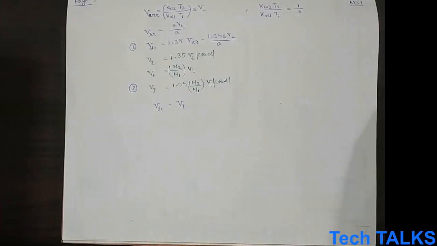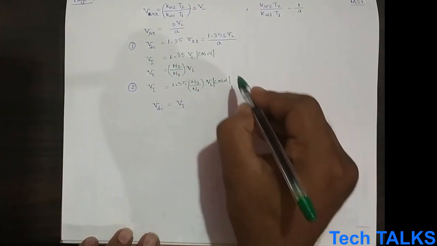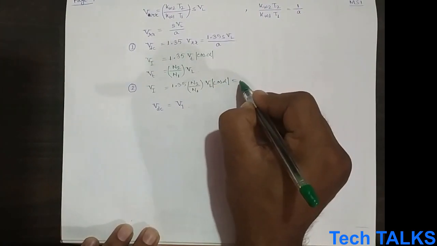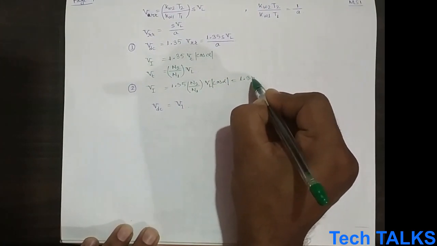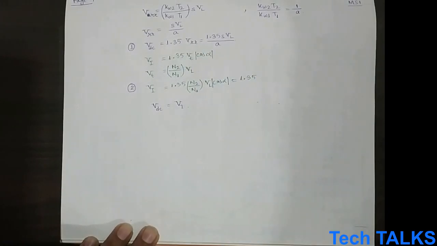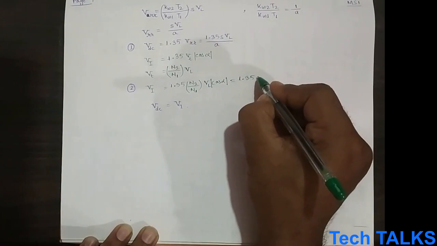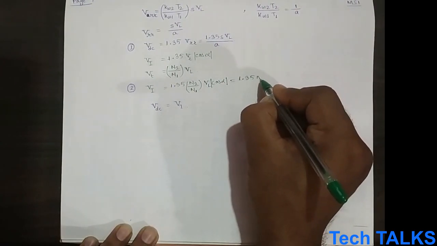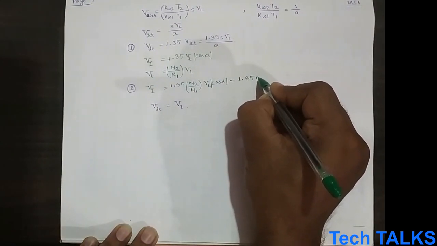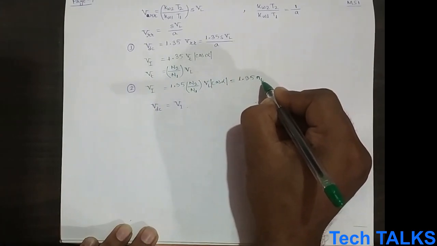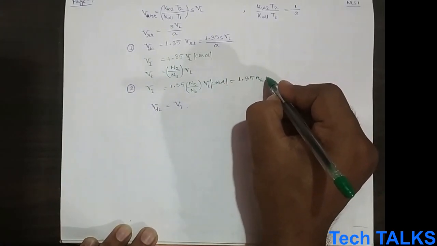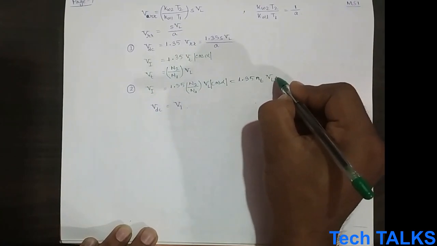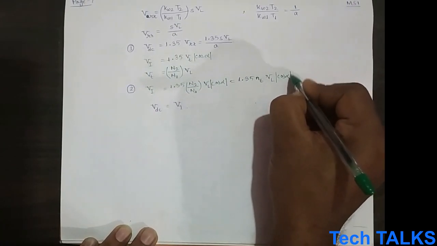Okay. You can also change this equation before putting in 1.35 NT, it is the turns ratio for the transformer, VL cos alpha.